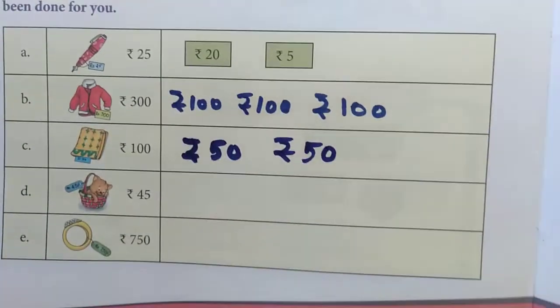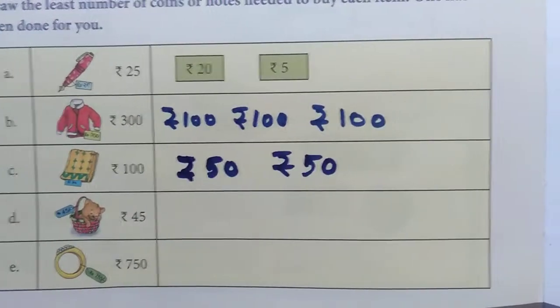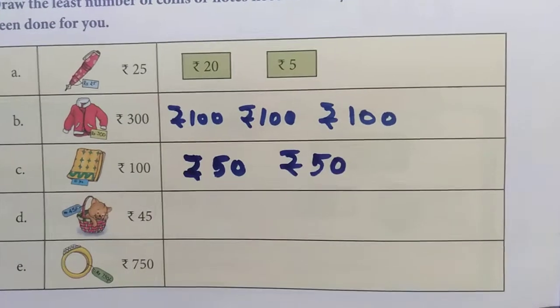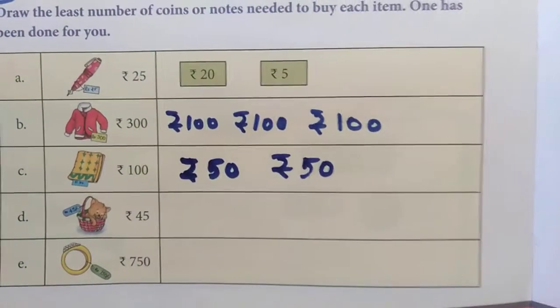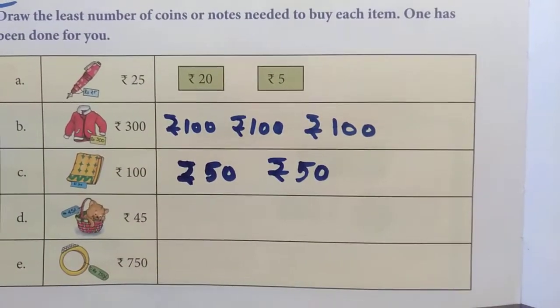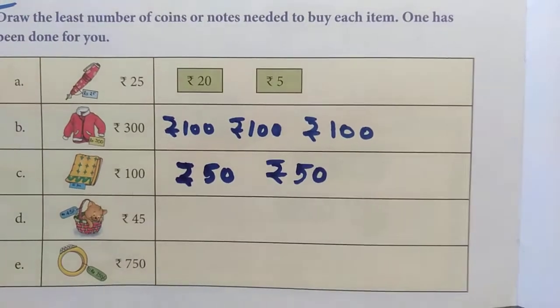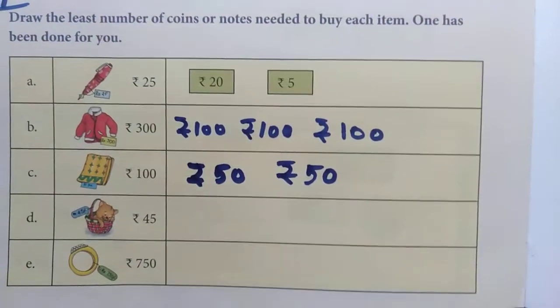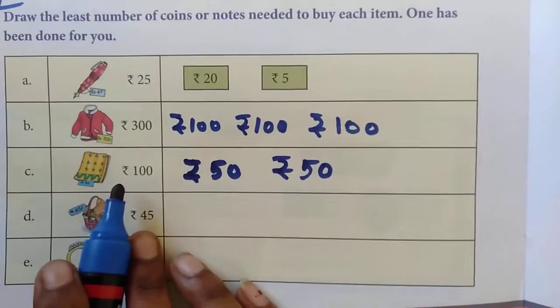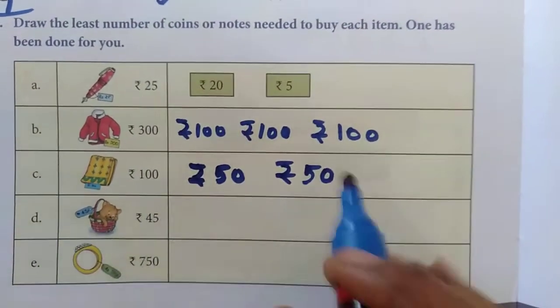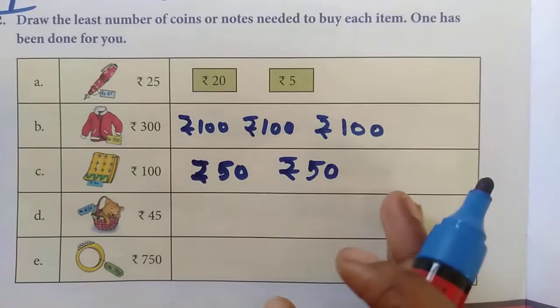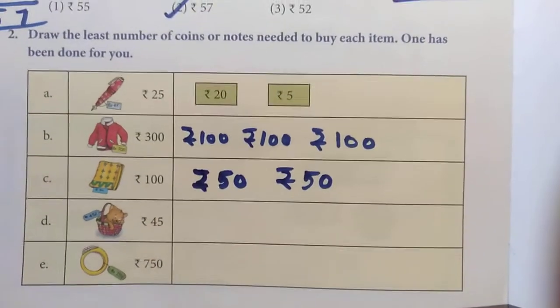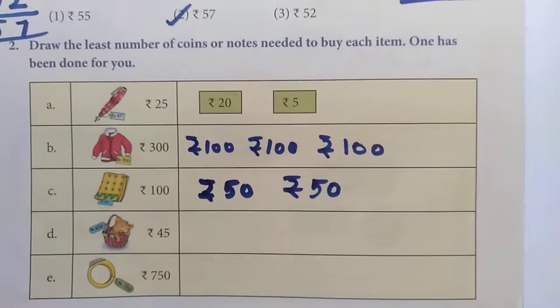If you are adding 50 plus 50, that is 100. Otherwise, how will you give? 20 plus 20 plus 10. Like that is also correct. If you are giving 50 plus 50, also 100. Otherwise 20 rupees, 20 rupees and 10 rupees, that is correct only. Like that you have to write.